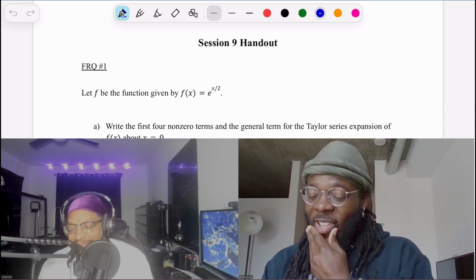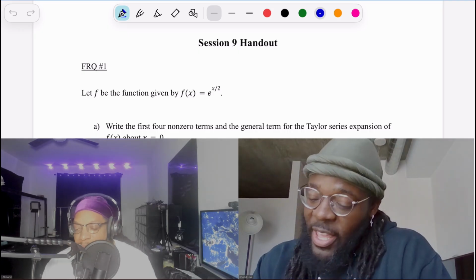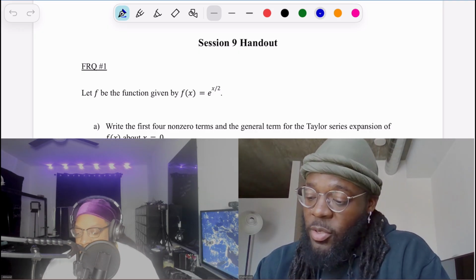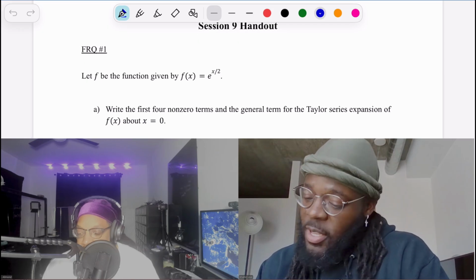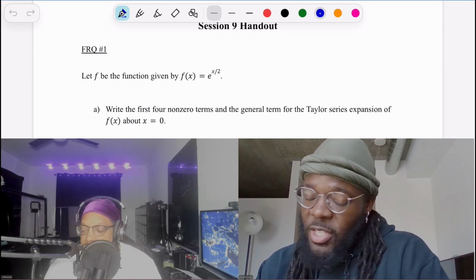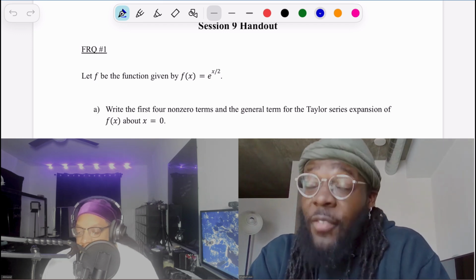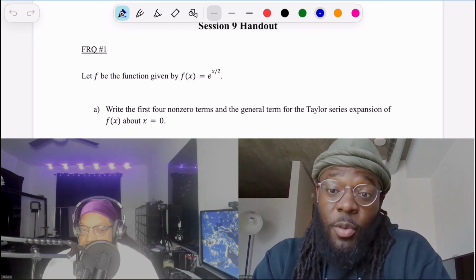Take it away. All right, so it says let f be the function defined by f of x equals e to the x divided by 2. And so part A says write the first four non-zero terms and the general term for the Taylor series expansion of f of x about x equals 0.